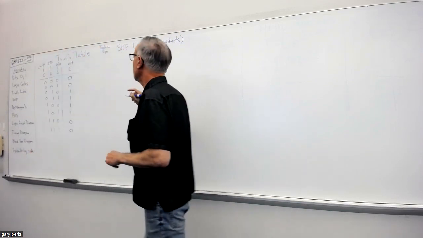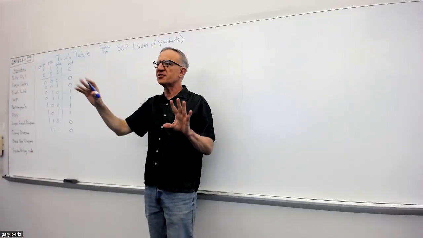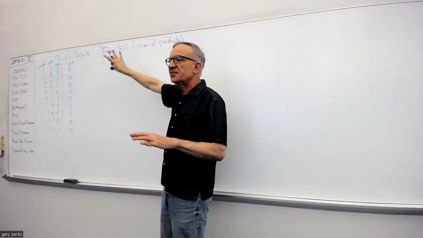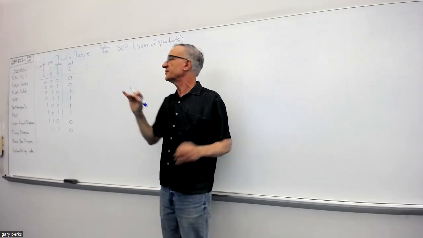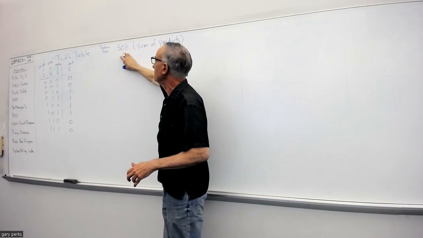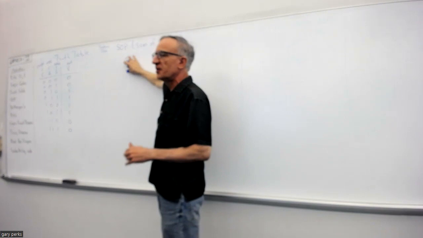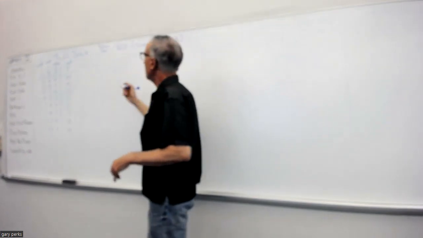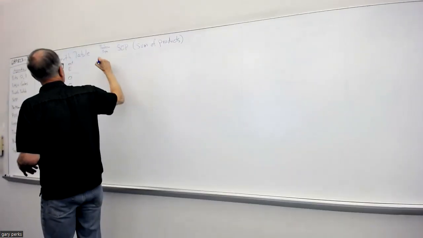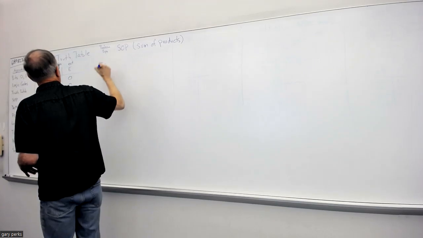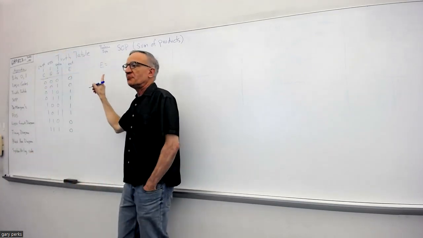EQN is my abbreviation for equation. Again, Boolean is just a person's name, but this is a base 2 equation. And this is one form. There's another form called POS that we're going to get to later, but we're going to start with SOP. And I'm going to write the SOP for when I would eat something.